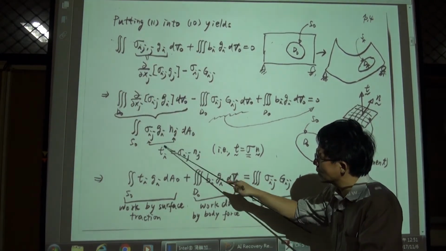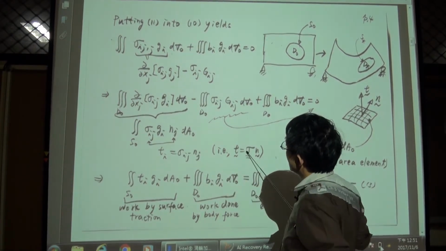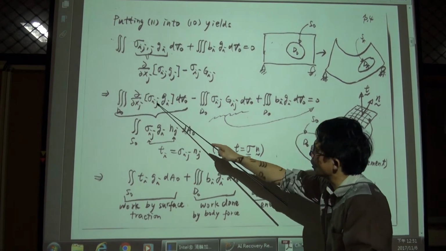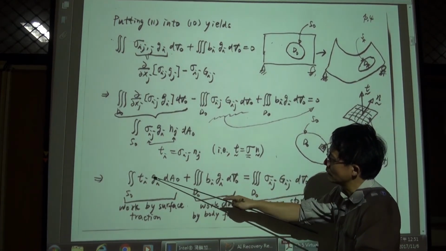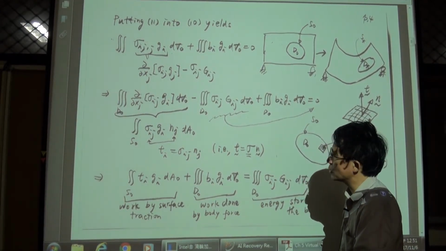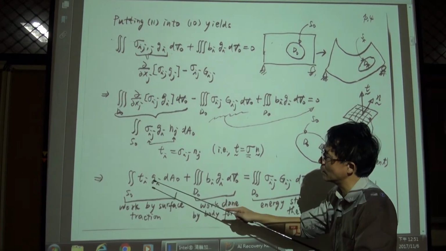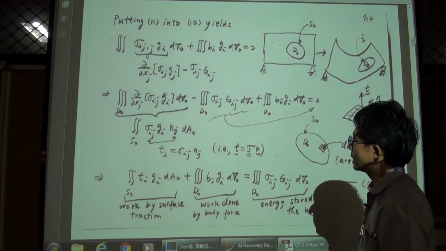We turn these two terms into the traction. So this term finally ends up with the traction times the arbitrary function gi. This is the inner product between the traction vector and the arbitrary function gi.